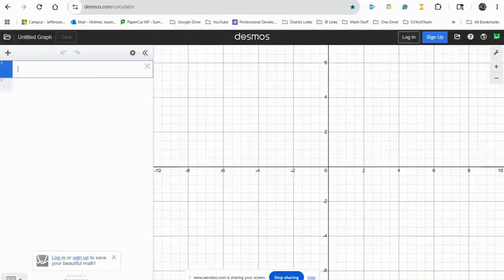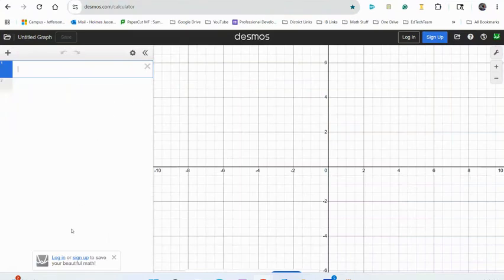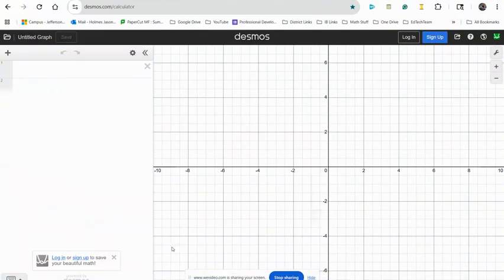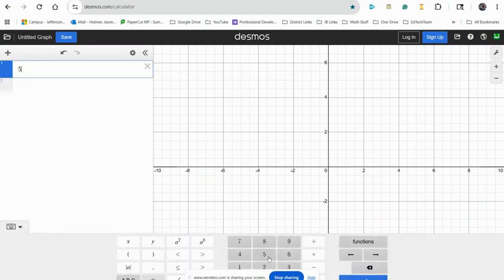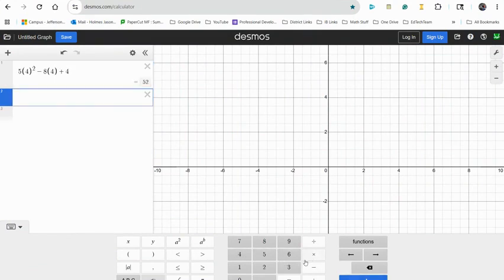Okay, so we have 5 times 4 squared: 5, parenthesis, 4, parenthesis squared, minus 8 times 4, plus 4, enter, is 52.